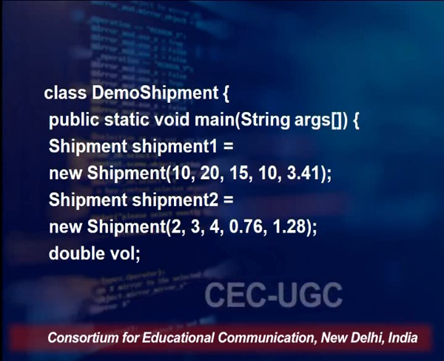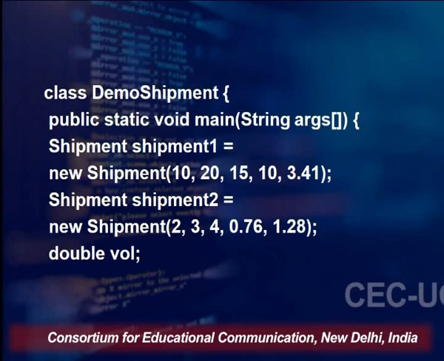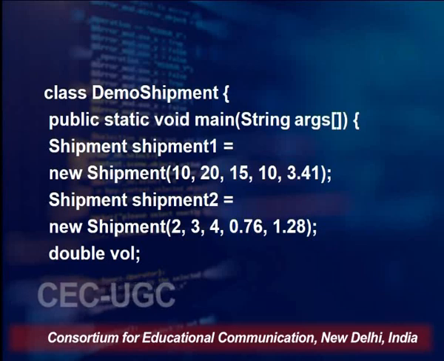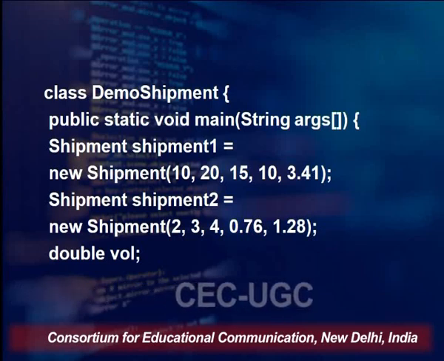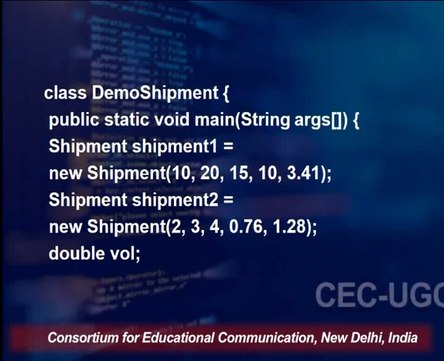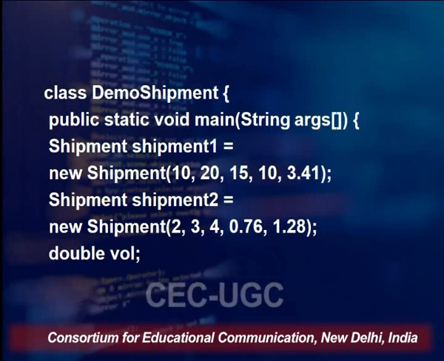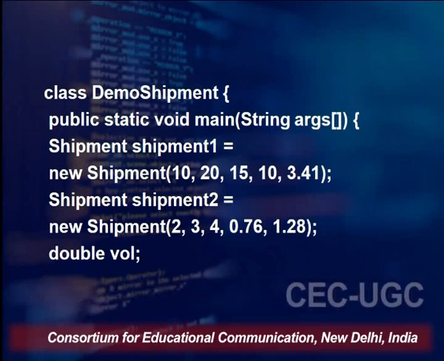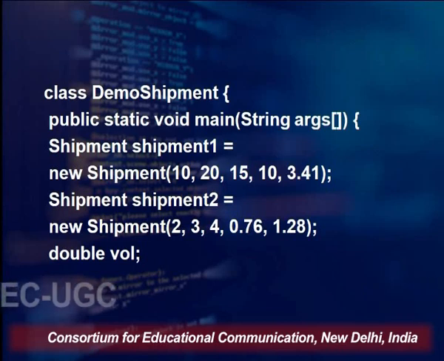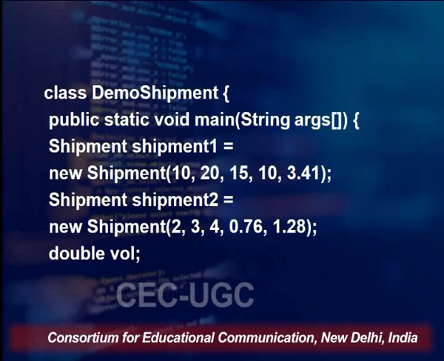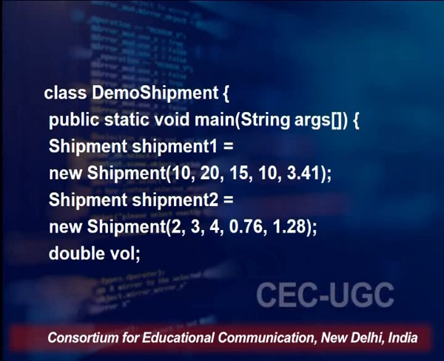So, what is actually happening? 10, 20, 15 will be the width, height and depth, and these 3 variables will ultimately reach the constructor Box. Then the value 10 is actually the value of weight which is being passed to the BoxWeight class, and then 3.41 is the value of the variable cost, which is the variable introduced by the class Shipment itself.